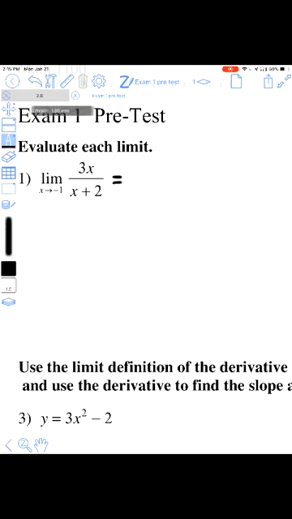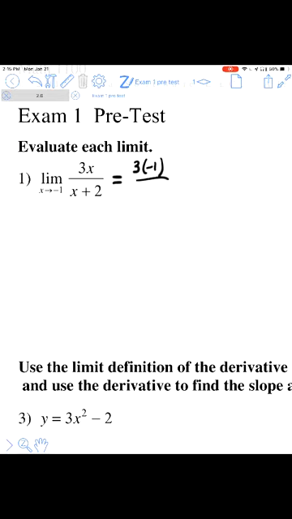So let's go ahead and plug in the -1. And we get -3 over +1, which is -3.